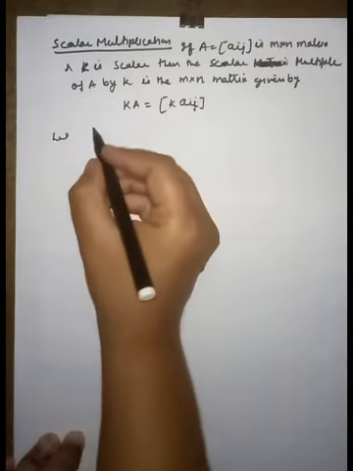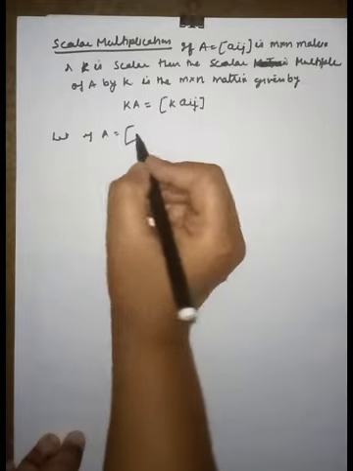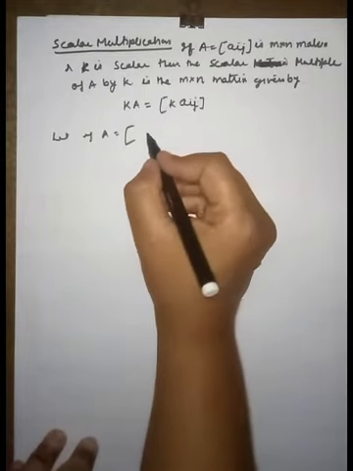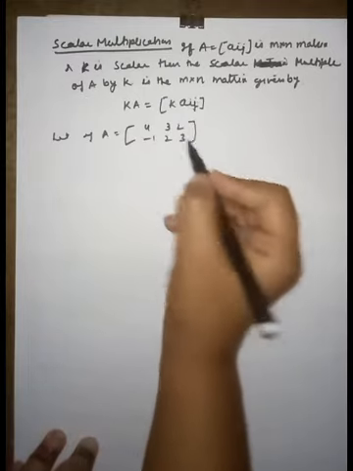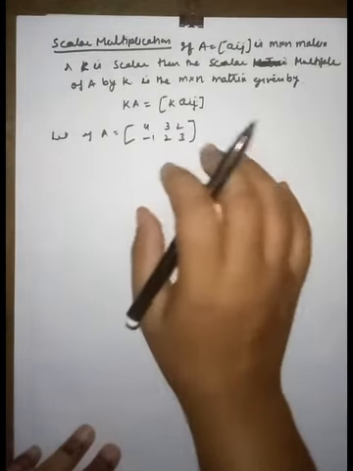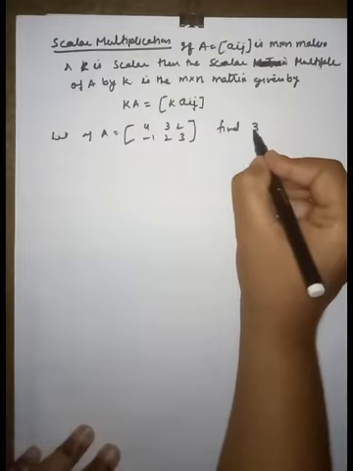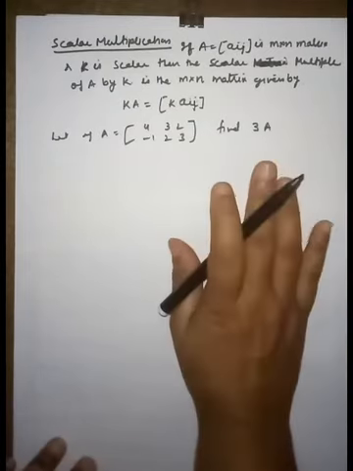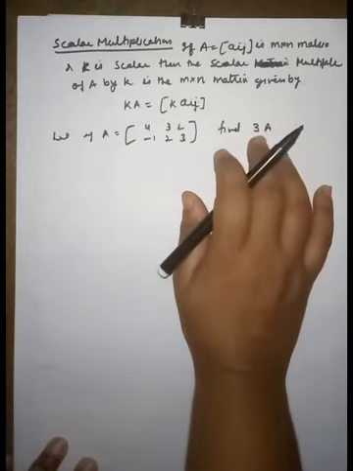Suppose A is 4 3 2, minus 1 2 3. Then the given matrix is this one. Now find 3A. Here 3 is a scalar, right?